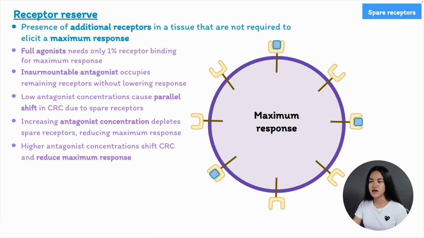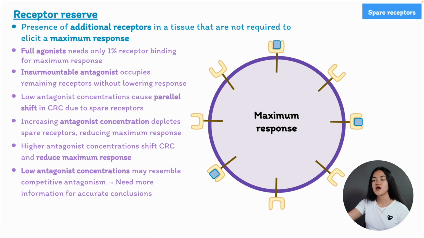The presence of the insurmountable antagonist initially causes a shift in the CRC, requiring higher concentrations of the agonist to overcome its actions. But with higher concentrations of the antagonist, there is a clear reduction in the maximum response. Okay, the irreversible antagonist has occupied enough receptors to prevent sufficient agonist binding and activation.